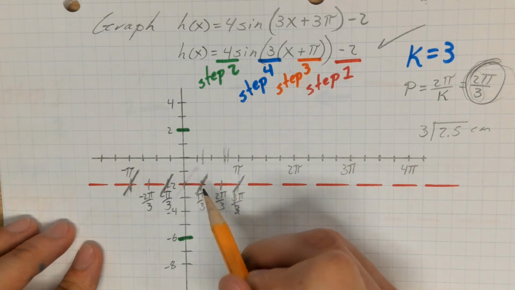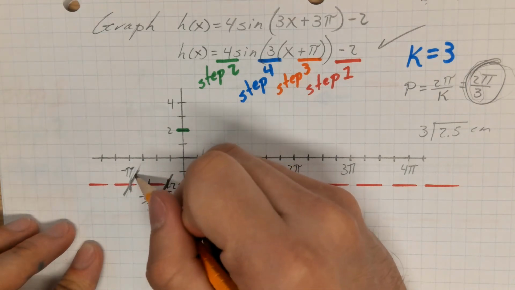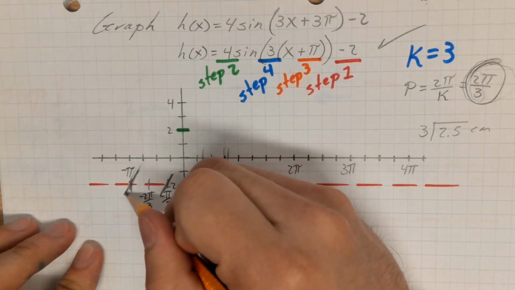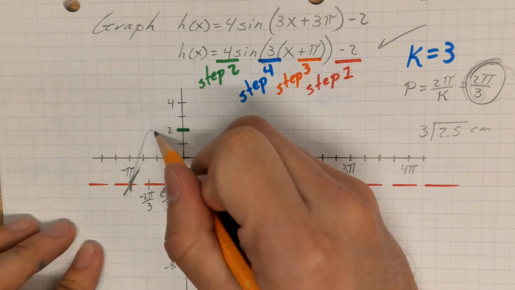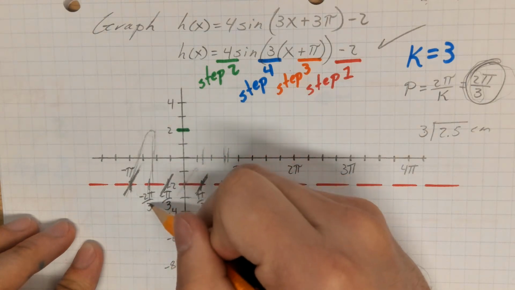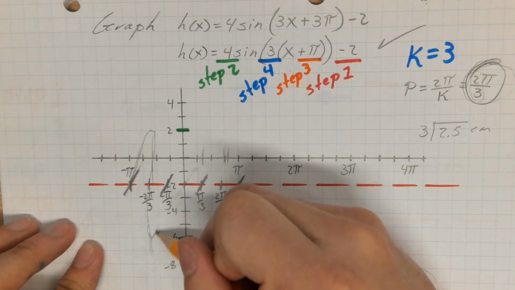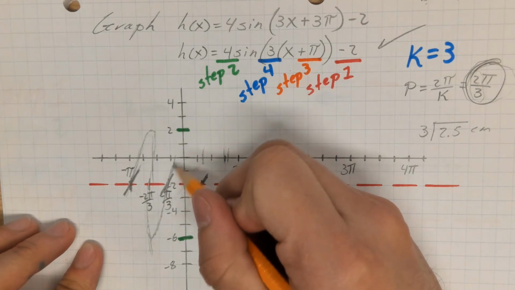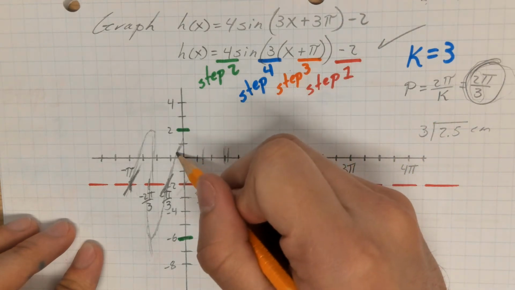So what are these little lines for? Well, maybe I needed to make them a little more steep, but this is where the line has to go. It's going to be increasing over here. It's going to reach the highest. It's going to come down all the way to the bottom. I kind of went past it. And then it's going to go up here. Again, I should have made it a little more steep, but then it's going to go up to the highest point.